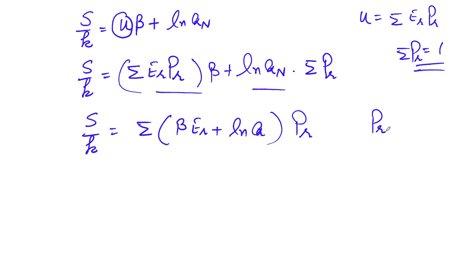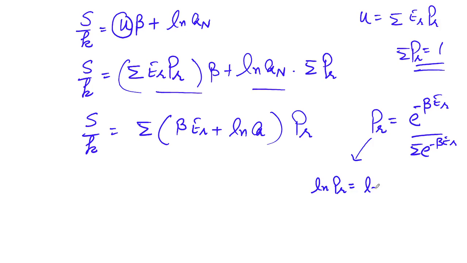Now PR we have already derived, that is exponential of minus beta ER over the partition function. So taking the log of this equation, log of PR we can write as log of exponential of minus beta ER minus log of the summation of e raised to the power minus beta ER.